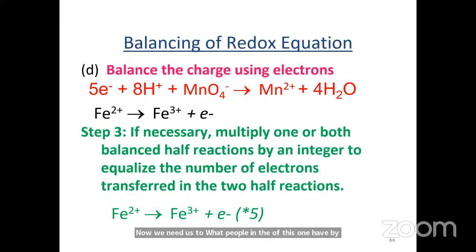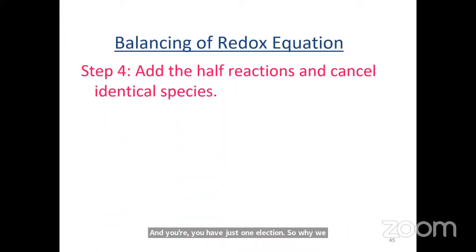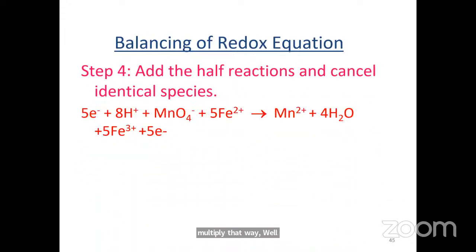Because in the reduction half, we have 5 electrons. In the oxidation half, we will have just 1 electron. So when we multiply that by 5, we'll now add them together. Okay? When we put them together, we see that 5 electrons from the reduction half equation and 5 electrons from the oxidation half equation are common.